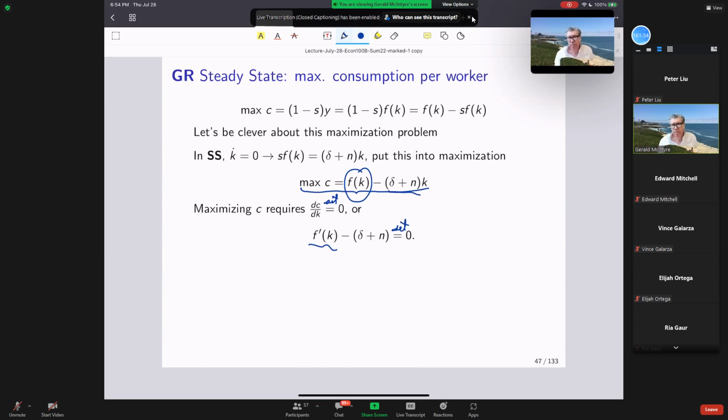That's simple, okay? And I get an answer. The answer is F prime of K is equal to delta plus N. Well, delta plus N are the givens, and F prime of K is just the derivative of the F function. And that F function is small k to the alpha. Now, that's an easy thing to differentiate and find.